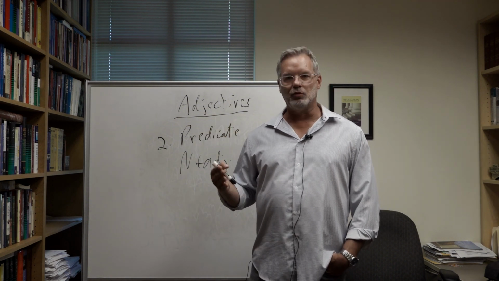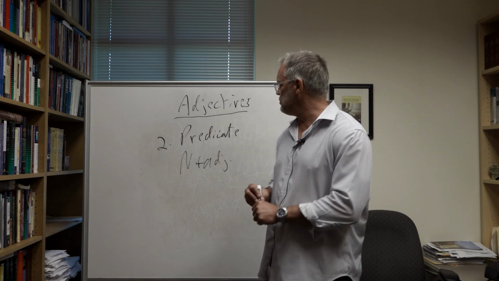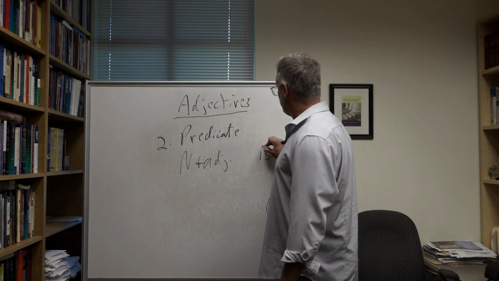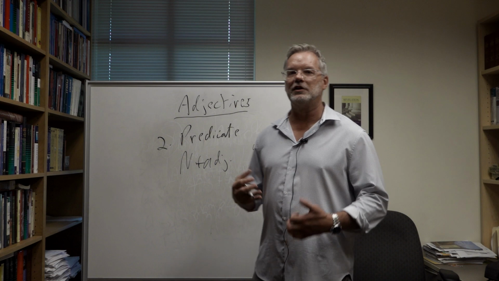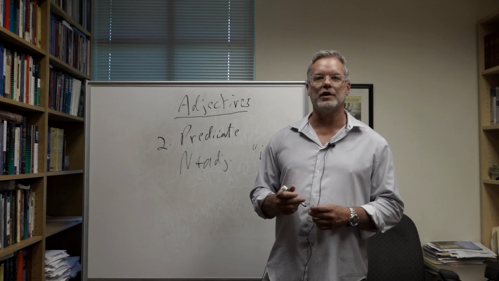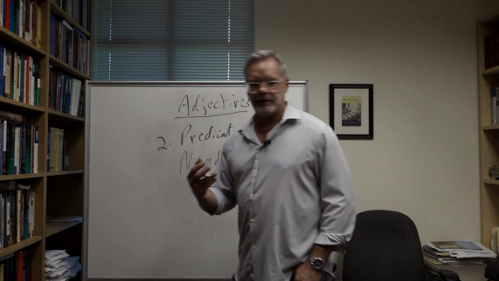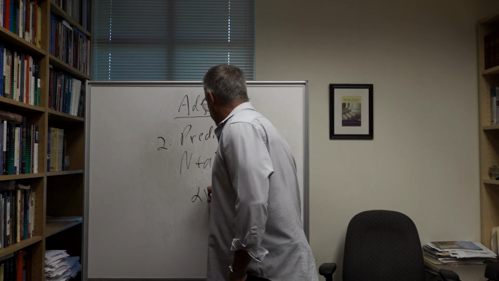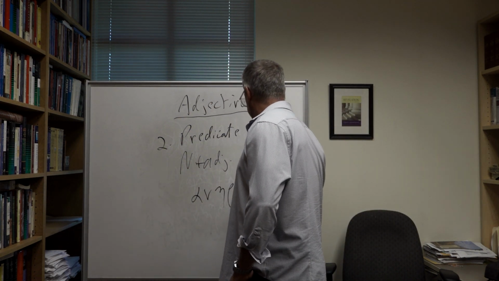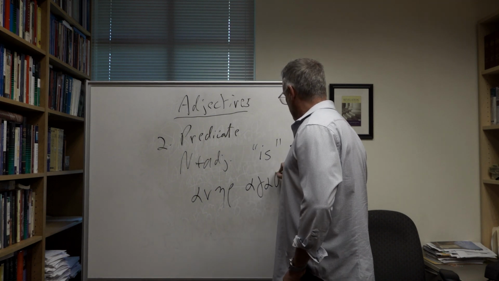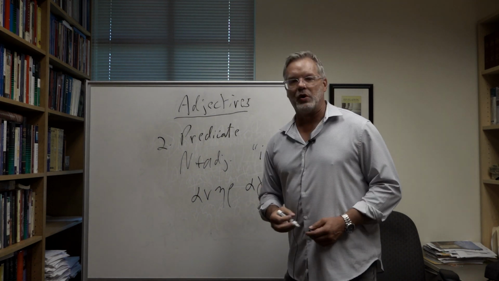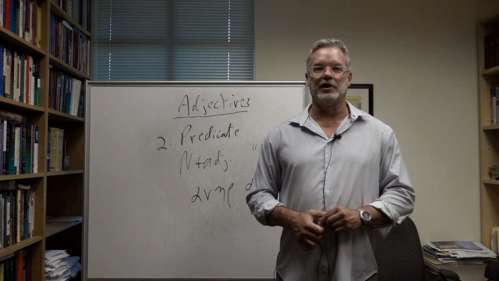In this case, the adjective will lack the article, and usually you will insert in your translation the word is. So if I had to use the same words, I could translate this, the man is good.